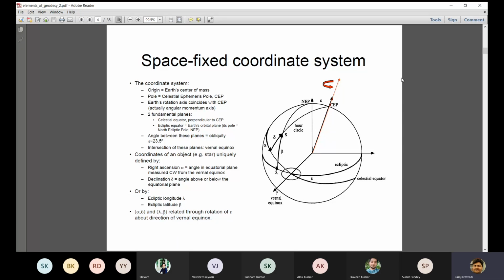This coordinate system has its origin at the Earth center of mass, just like the previous one, but the pole is a little different. The pole is the celestial ephemeris pole, which is CEP. That is, the Earth rotation axis coincides with CEP, also known as the angular momentum axis.